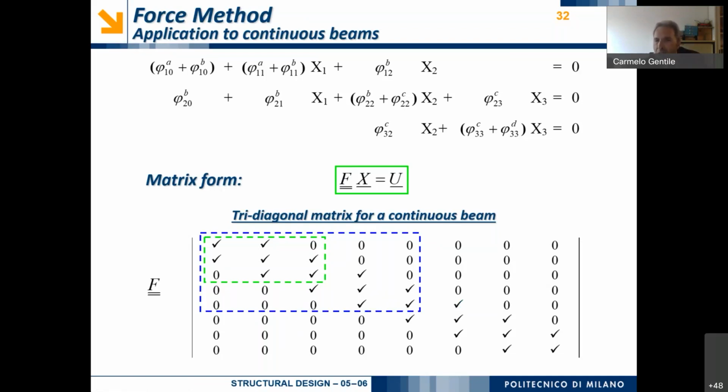So we can call this kind of matrix a three-diagonal matrix.